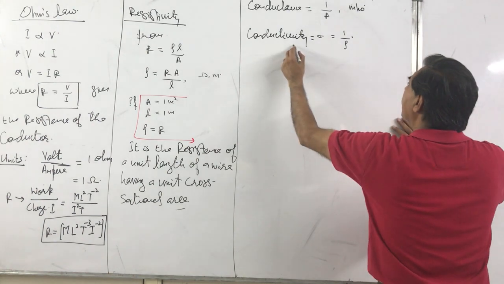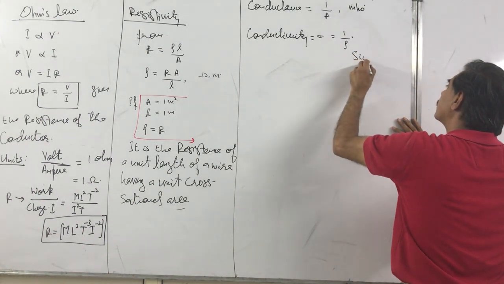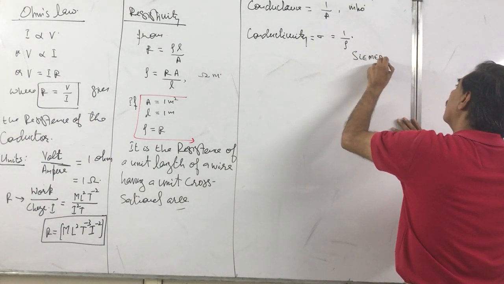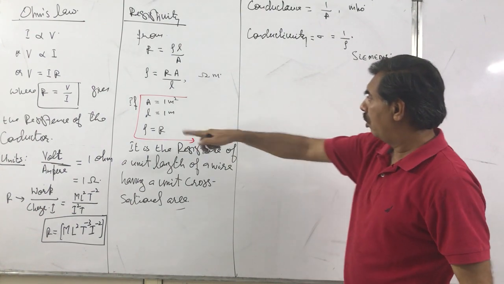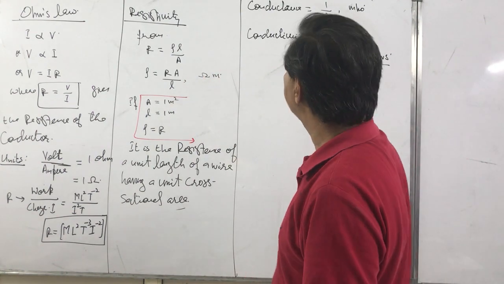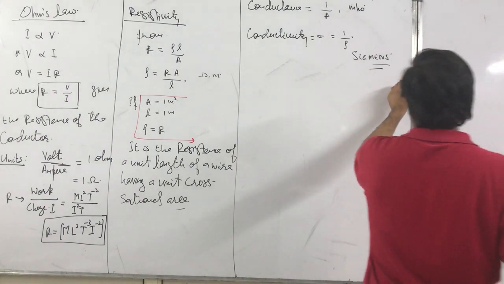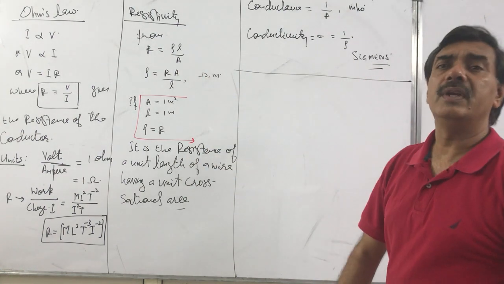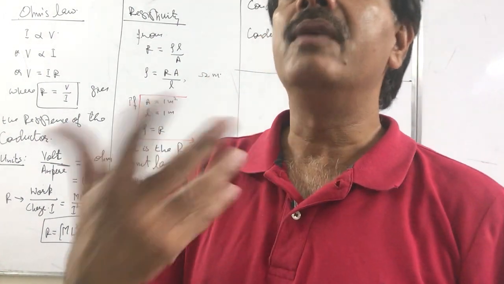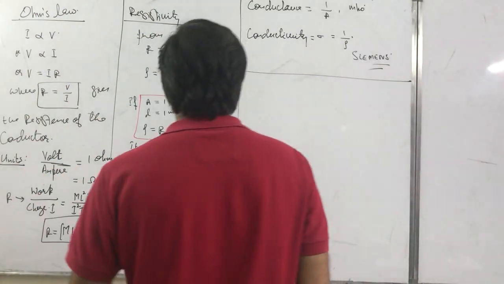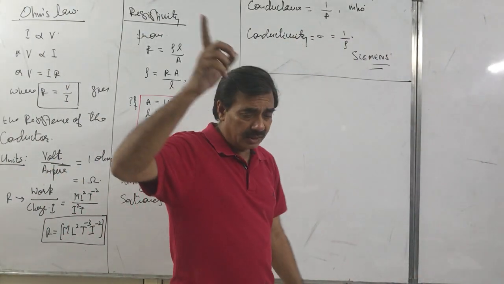The units of conductivity are siemens per meter. वो reciprocal होंगे उसके resistivity के, ohm inverse, meter inverse, right? Conductance and conductivity. Once again, conductivity would depend upon the nature of the material. So resistance, conductance, Ohm's law.